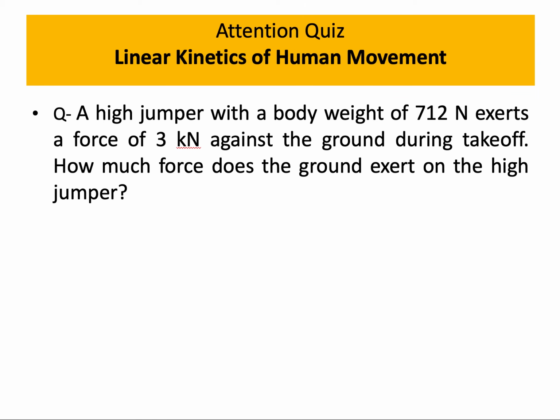If your answer was 3 kilonewtons, that is correct. The reason we're not using the weight of the subject is that we are using Newton's third law, the law of reaction. For each action there's a reaction. So if the subject is exerting 3 kilonewtons against the ground, the ground is going to push back and exert 3 kilonewtons on the subject.